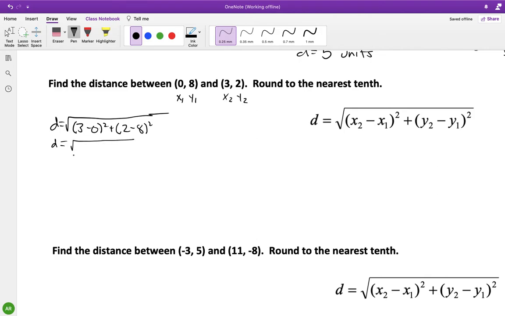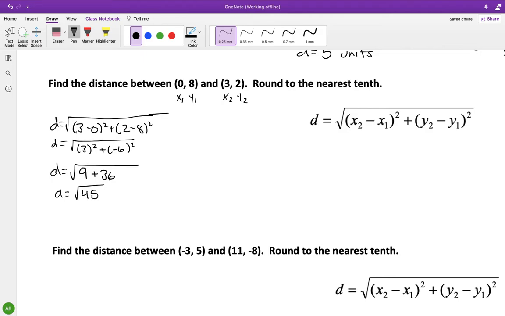So 3 minus 0 is 3 squared, plus 2 minus 8 is negative 6 squared. Okay, 3 squared is 9. Negative 6 squared is 36. Not negative 36, but 36. 9 plus 36 is 45.